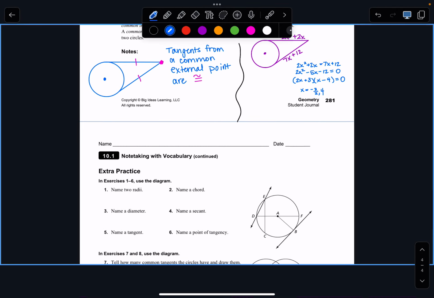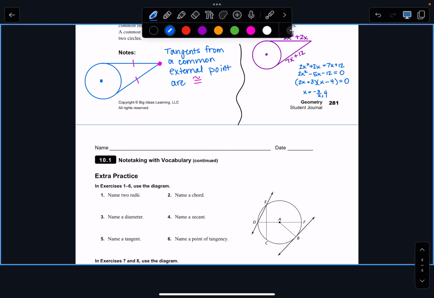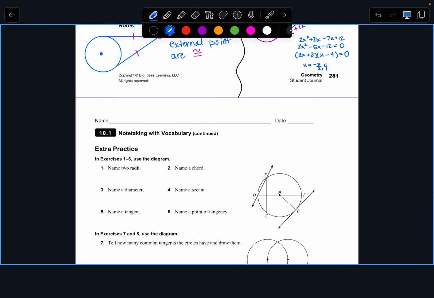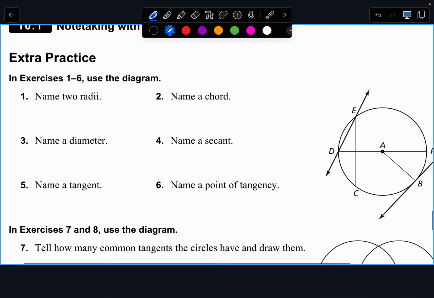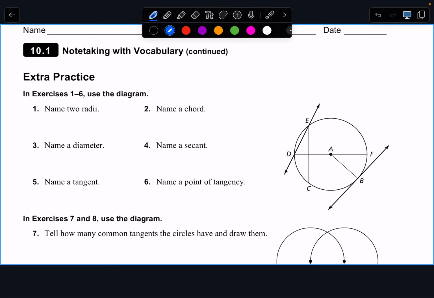Do you really need to write it down? 5, 4, 3, 2, 1. I just want to make sure that you understand when I ask you these questions, like name a radii, name a diameter, name a secant, you better be naming them segment versus line, okay?